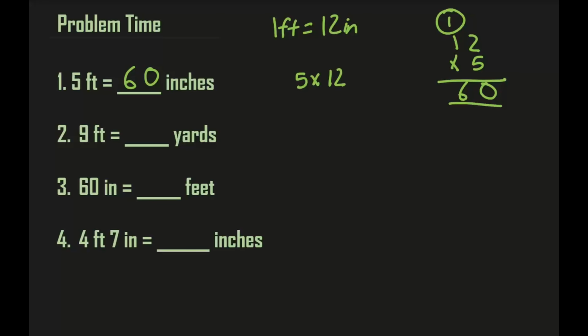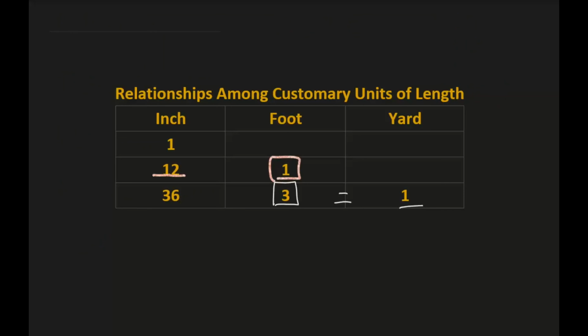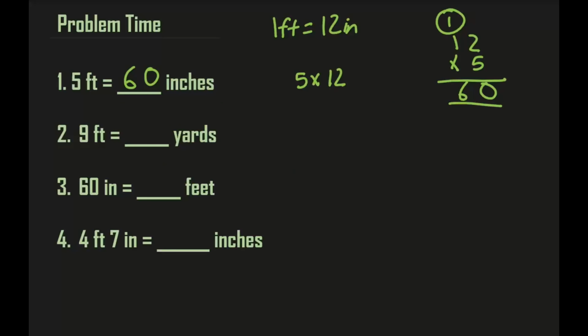Next we have 9 feet into yards. So we're going to do the same thing. Let's go back to the table. 1 yard is 3 feet. So let's write that down too. 1 yard is 3 feet.